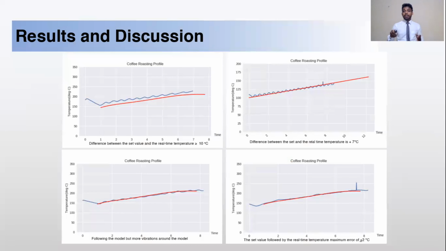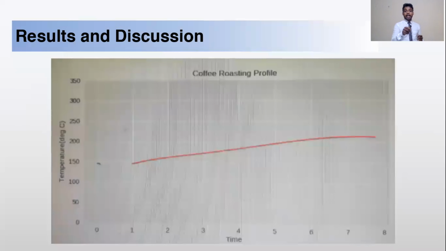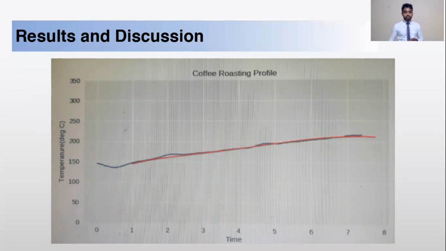In the fourth, we are almost completed, and you can see it from this video. The real-time temperature follows the standard curve smoothly. There are small variations and minimum fluctuations, but most of the real-time temperature is compensated to the standard value.